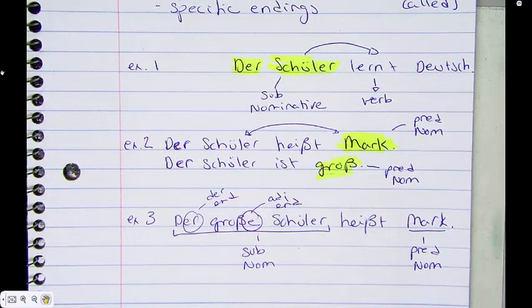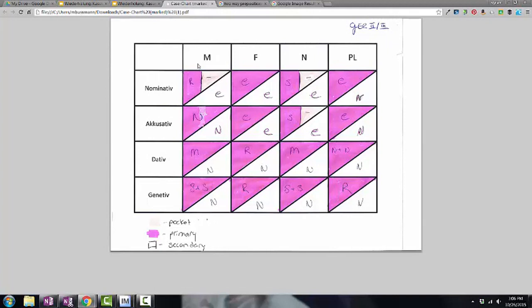Okay, let's switch to the case chart really quick, where we have nominative. For masculine, feminine, neuter, and plural, we have der, die, das, and die plural. So those are the primary endings. Those, of course, would also go on other words. So if you have diese, dieser, dieses, and diese plural, those other der words also have those.